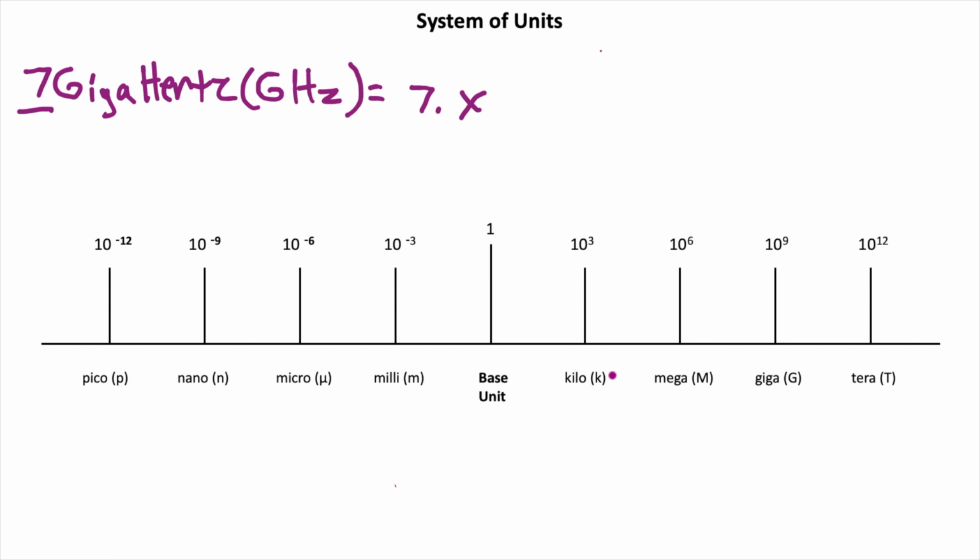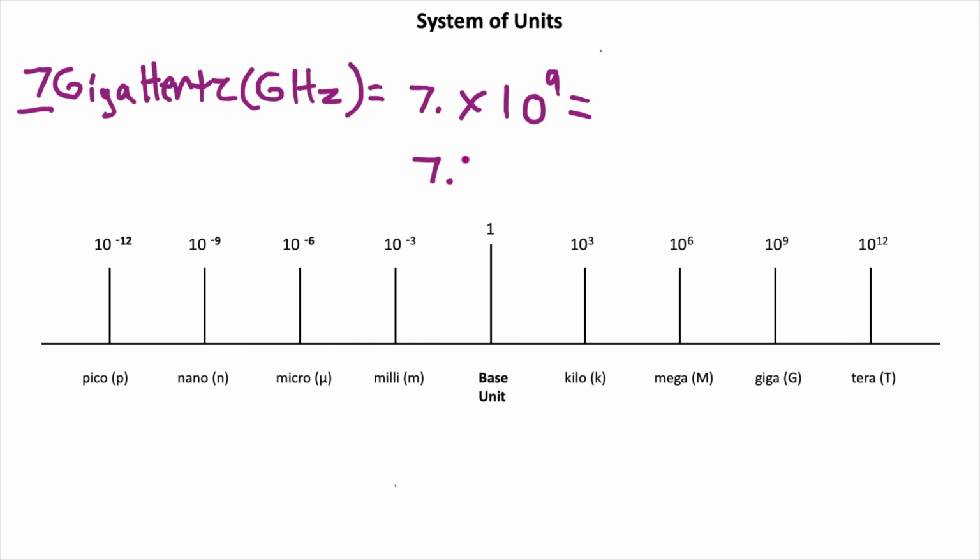Where is giga down here? We've got kilo, 10 to the 3rd, mega, 10 to the 6th, and giga, 10 to the 9th. So then we've got 10 to the 9th here. What we can do is just count out 9 spaces, or 9 place values, starting from here.